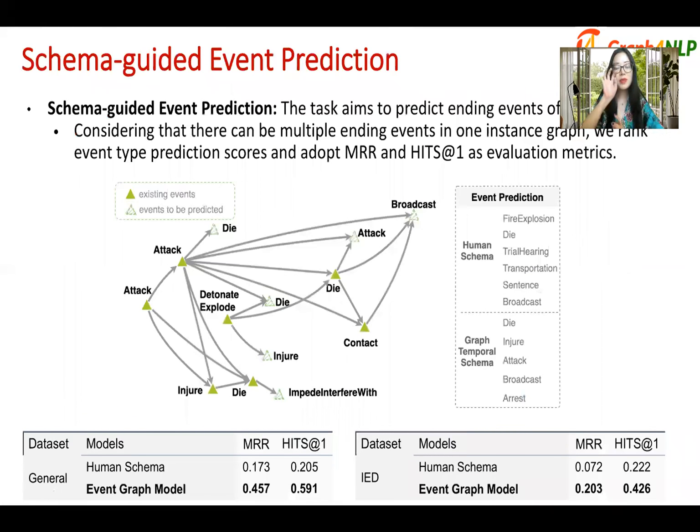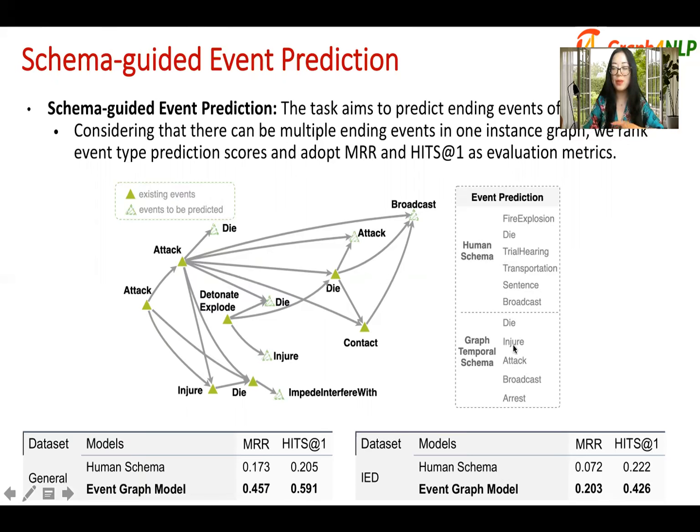So we did experiments by hiding all the ending events and then asking the model to predict them. And we compare the predicted events with the ground truth. Looking at the results, you can see that compared to the human schema-based prediction, our model predicted more events, and they are also more reasonable because, for example, in this case, this person was not arrested yet, so we should not predict anything like sentence or trial hearing.